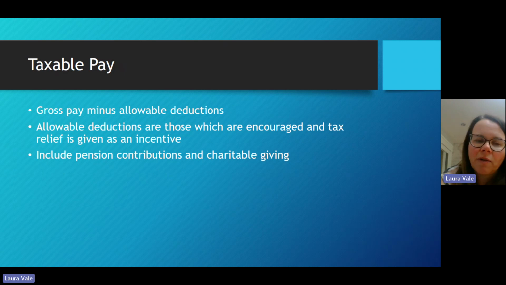So you can see you're obviously going to end up paying less income tax. So in that way, you have got some tax relief to reward you for making these allowable deductions.